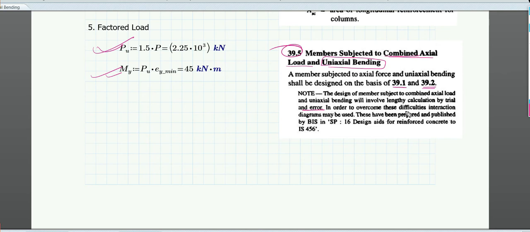So in order to overcome these difficulties, interaction diagrams may be used, that we have just now discussed, and these have been prepared and published by BIS in SP16, Design Aids for Reinforced Concrete to IS 456. So that is why we are going to take help of SP16 to simplify our problem.